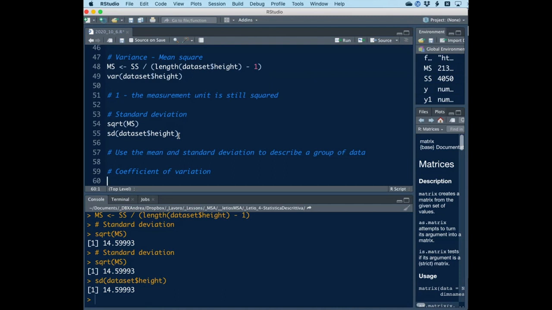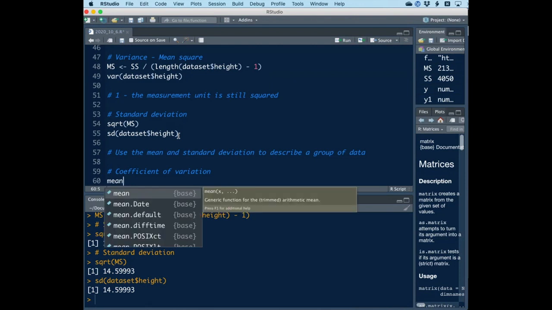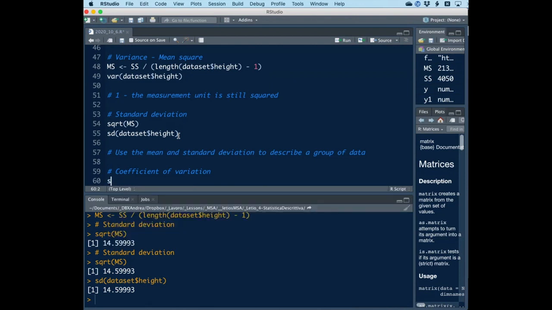So I take the standard deviation, I divide by the mean, and sometimes, rather often, I multiply by 100.